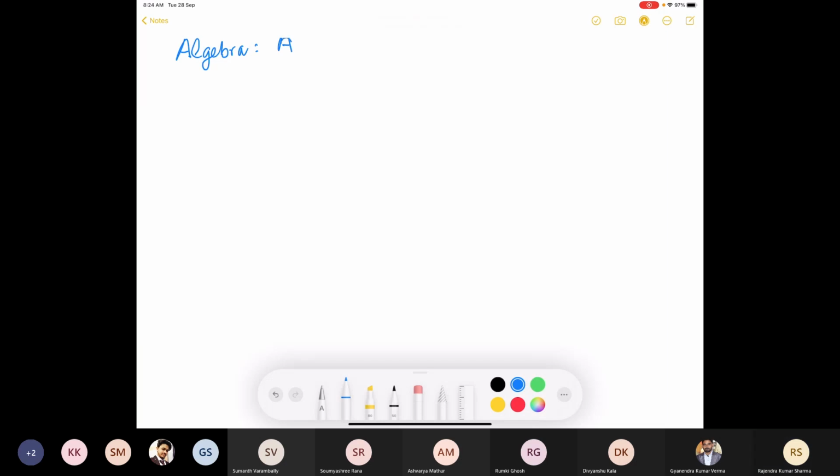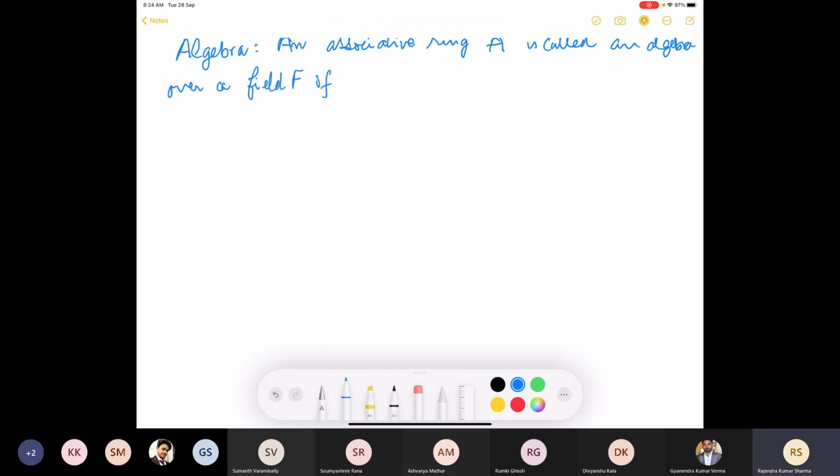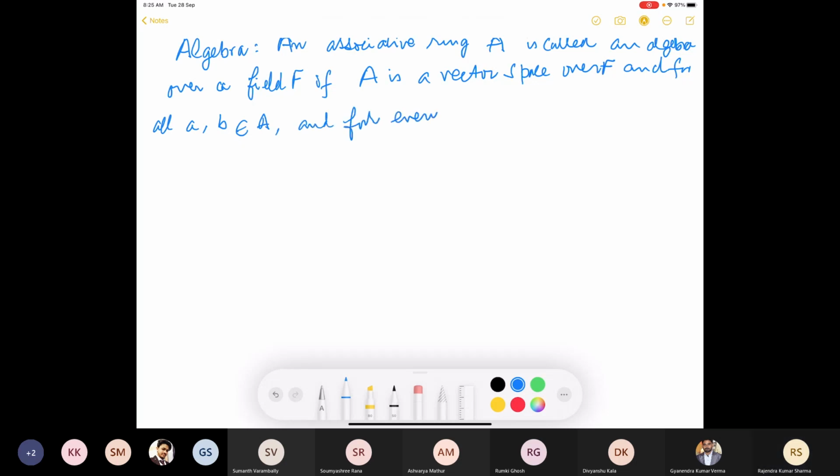So, an associative ring, say A, is called an algebra over a field F if A is a vector space over F, and has the property that for every a, b in A and for every alpha in F.